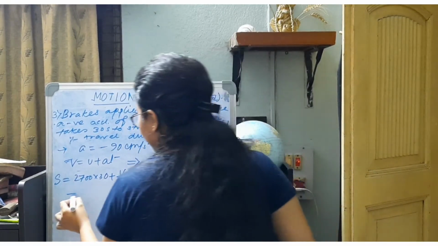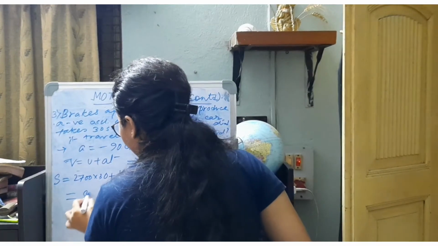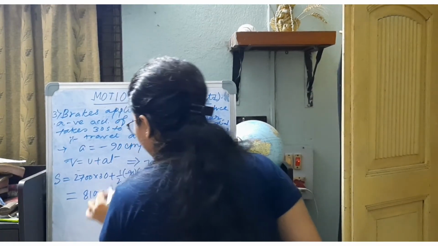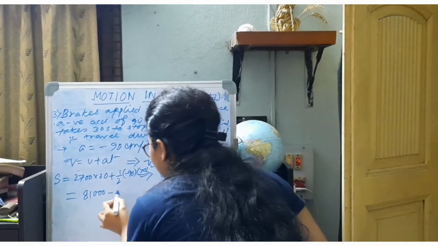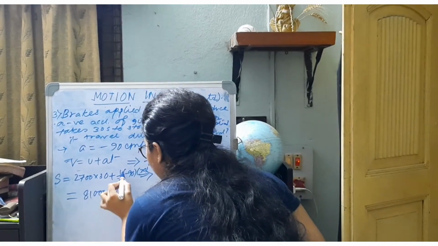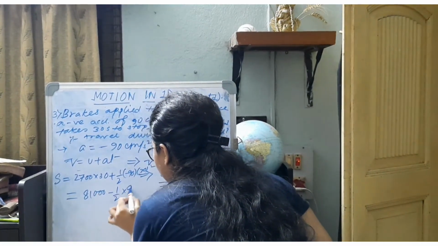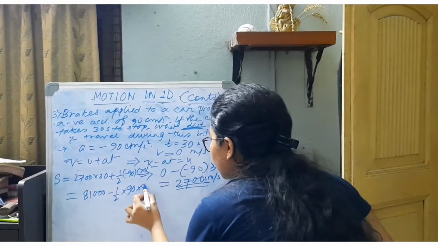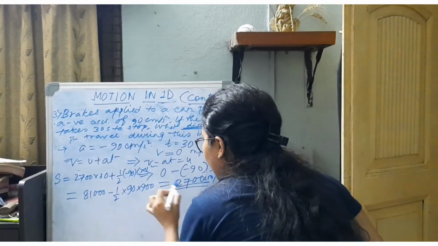So this part becomes 81,000 minus half of 90 into 900.